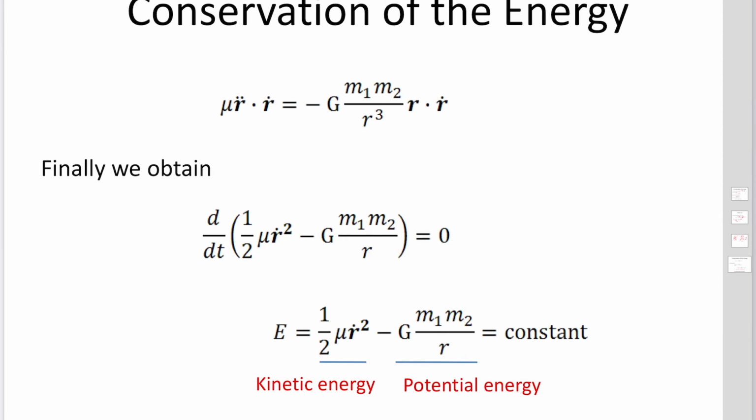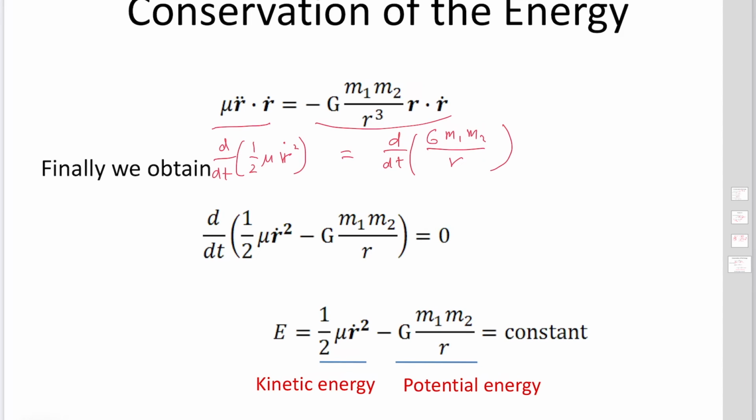So we start with the equation of motion. On the left hand side, it becomes d dt of 1 over 2 mu r dot squared. And the right hand side is expressed as d dt of G m sub 1 m sub 2 over r.